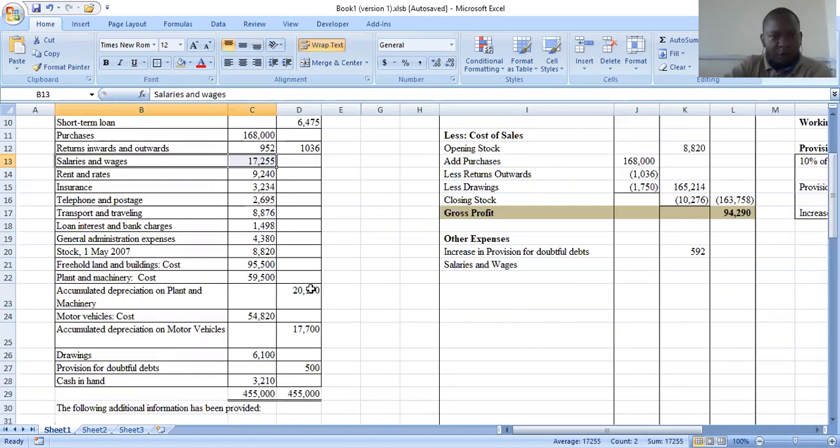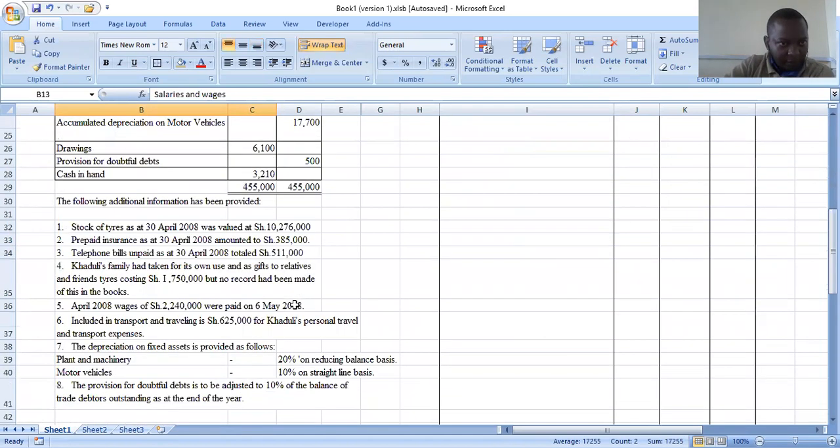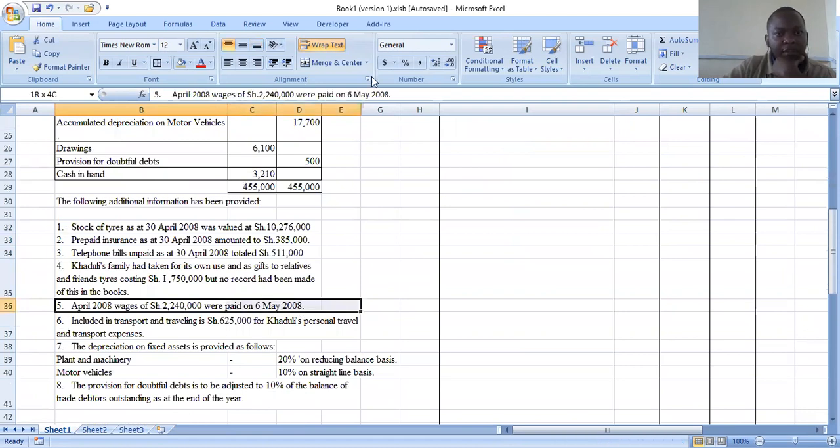Any additional information for salaries and wages? Additional information number 5, that on April 2008, wages of 2.240 million were paid on 6th May 2008.